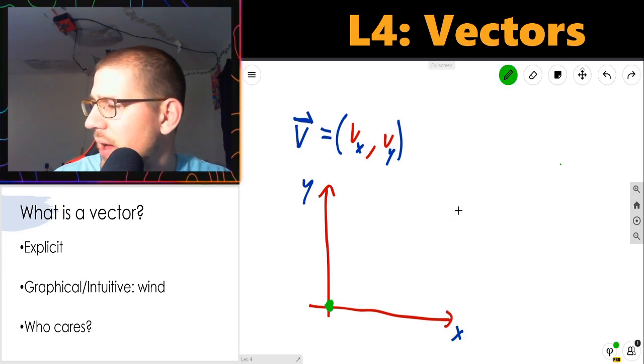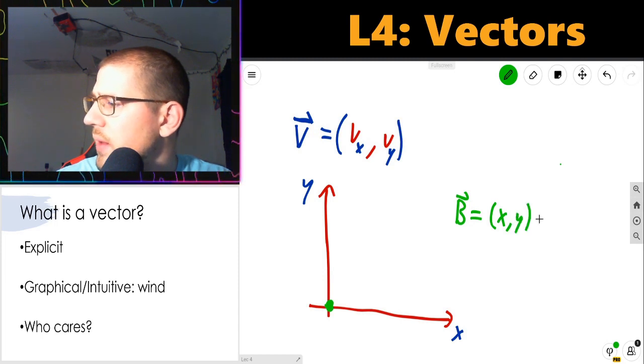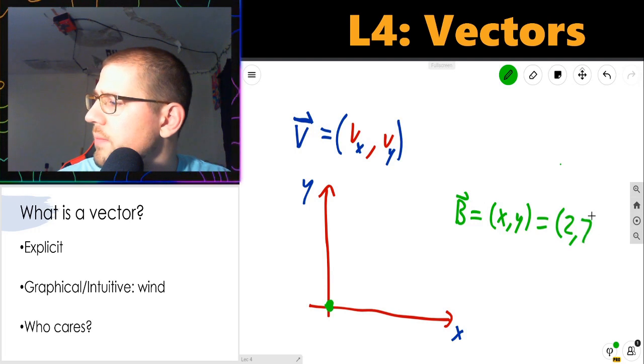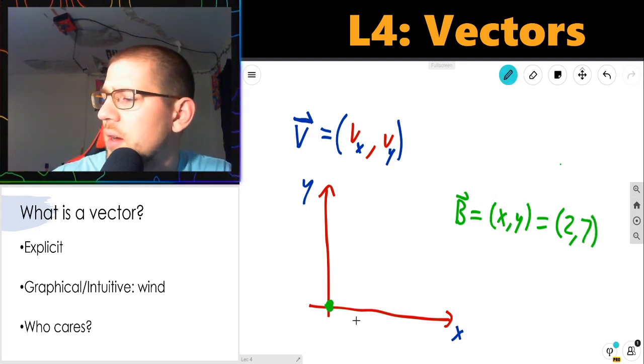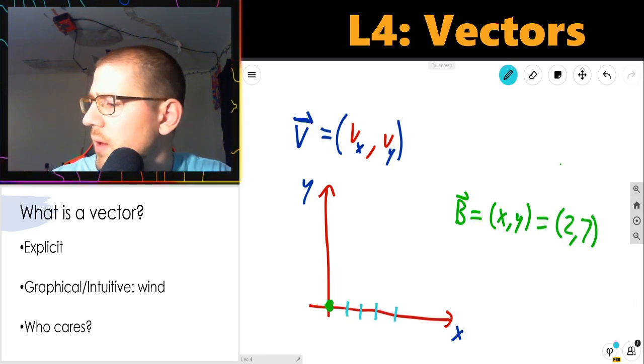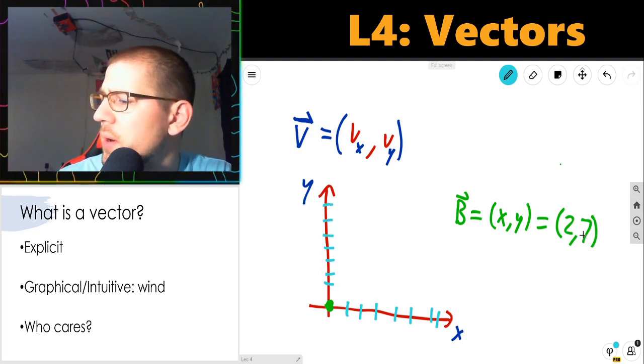Say I had a vector b, and this vector b points in x, y space, and its values are 2, 7. If I wanted to represent vector b, once I've got an axis set up, I can look at each of the components and figure out how far over I need to go from the origin to draw an arrow.